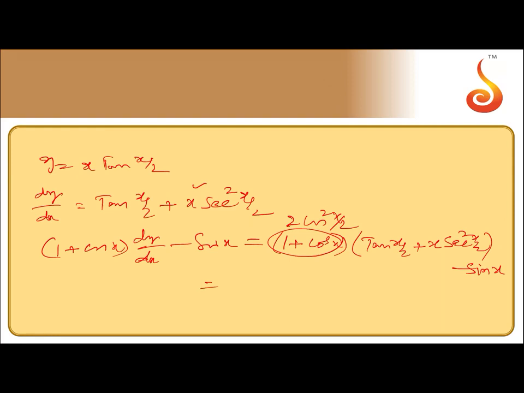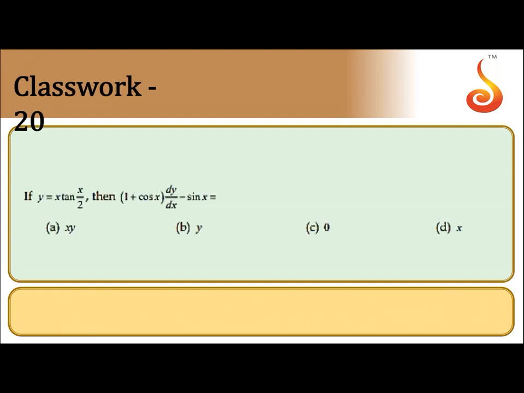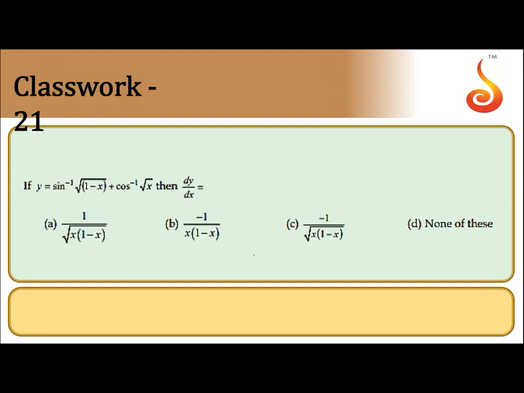When you multiply, you will be getting 2 times the cos gets cancelled, giving sin x, plus x multiplied by 2 times this, you will be getting x itself. This 2 gets cancelled, and minus sin x. So the sin x cancels, and the answer is x. So the answer is x, option D.